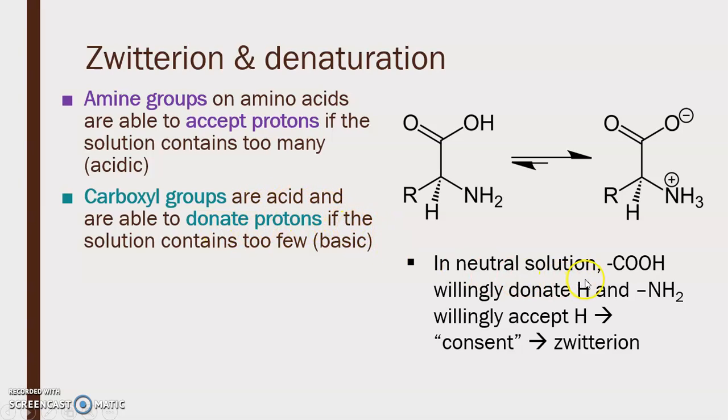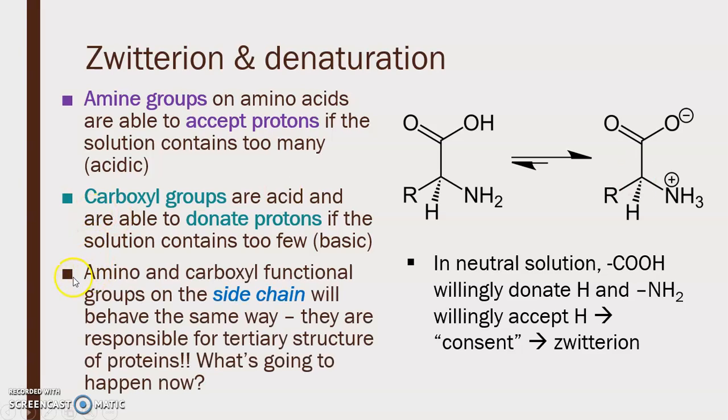So in a neutral solution, any amino acid hanging around by itself will turn into a zwitterion with an NH3 positive end and a COO negative end, right? So that's a very common structure. Once a protein or amino acid is in neutral solution, the whole polypeptide chain will turn into that zwitterion, right?